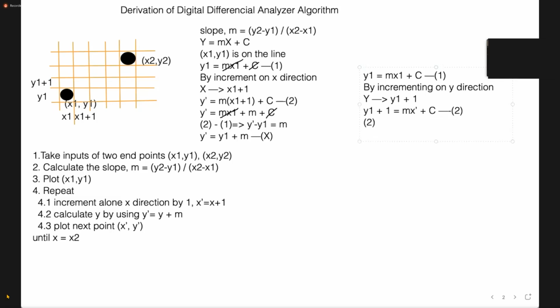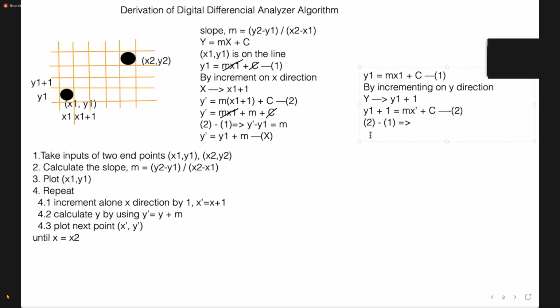We again take 2 minus 1, which gives you: y1 to y1 cancel out, and c to c cancel out.